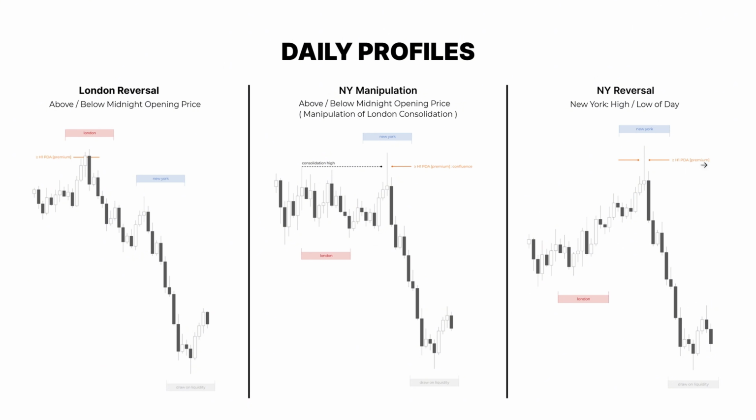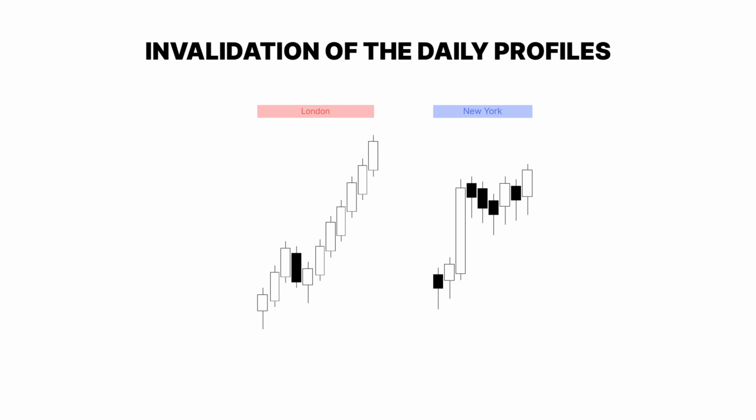Now this is all pretty and all, but one thing you have to keep in mind is what is going to be our invalidation of the daily profiles. If you have an invalidation of the daily profiles, it automatically invalidates the day. The only invalidation of the daily profiles is London expansion.